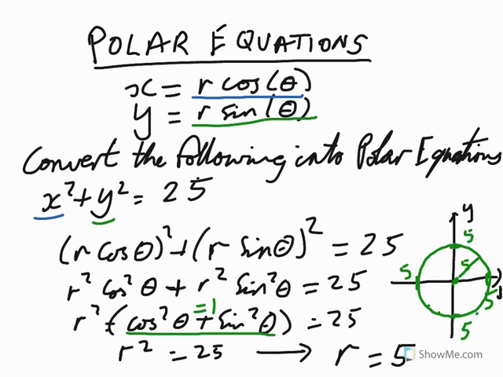Alright, so you can do that for any equation. Say a linear y equals 2x, for example. We can do it for that as well. Okay, so we know that y is r sin theta, so r sin theta is equal to 2r cos theta.